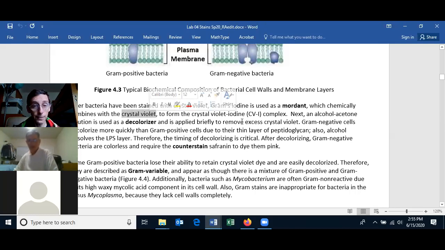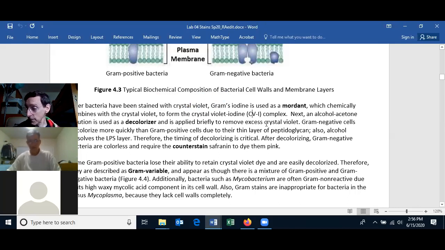And then that crystal violet iodine complex for the gram-positive cells will not wash out in our next step, the alcohol acetone decolorizing step. You apply this briefly to remove the excess crystal violet.